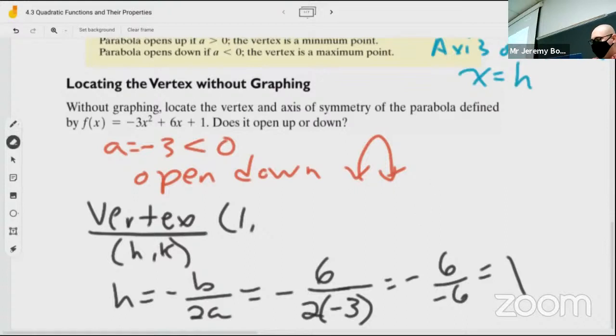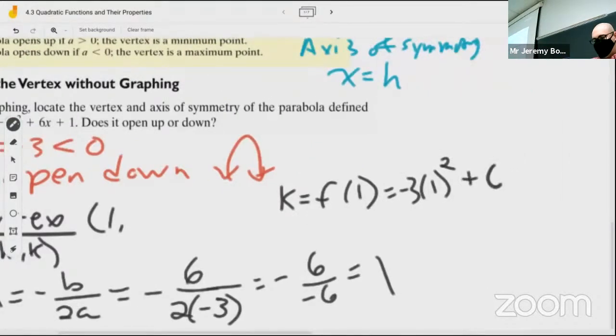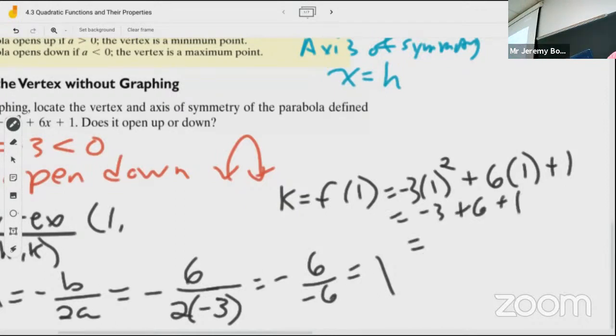We're going to say k is equal to f of 1, which is going to be negative 3 times 1 squared plus 6 times 1 plus 1, which will be negative 3 plus 6 plus 1 is 4. So my vertex is 1 comma 4.